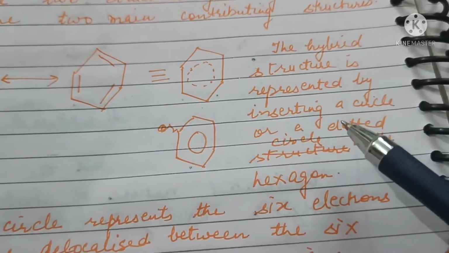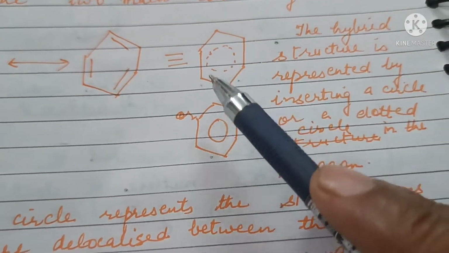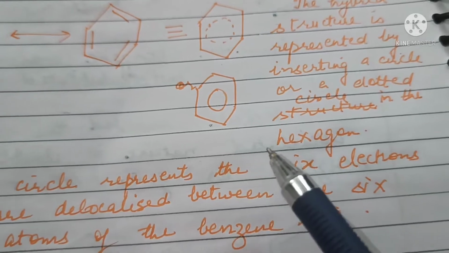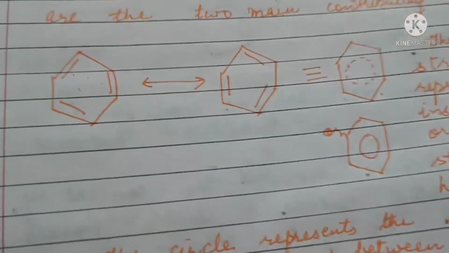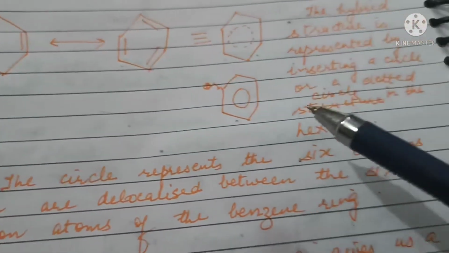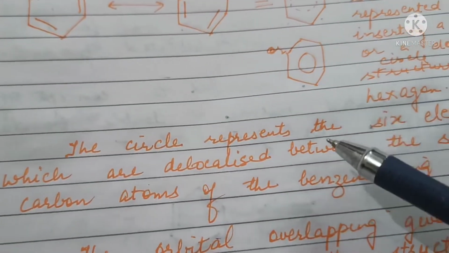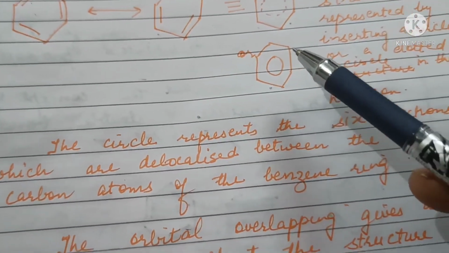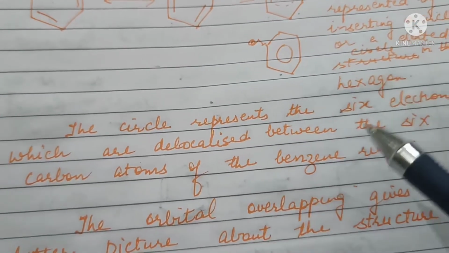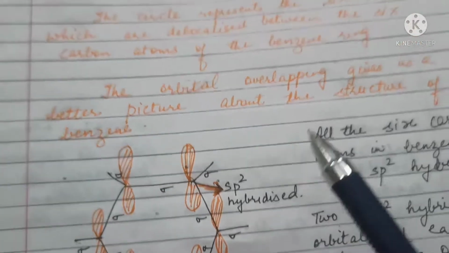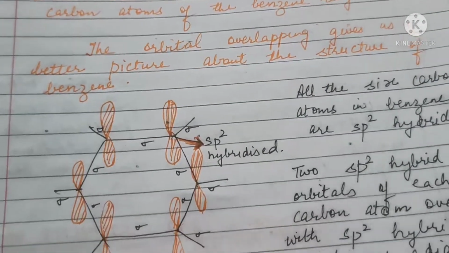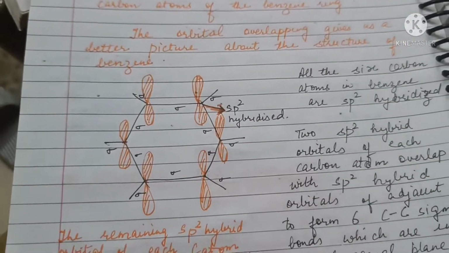This hybrid structure is represented by inserting a dotted circle or a circle in the center of a hexagon. The circle represents the 6 electrons of the 3 double bonds which are delocalized on all the 6 carbon atoms of the benzene ring. The orbital structure will also give us a picture of the structure of benzene.